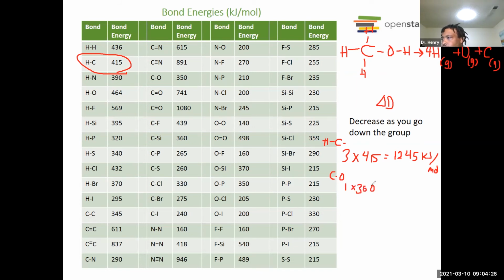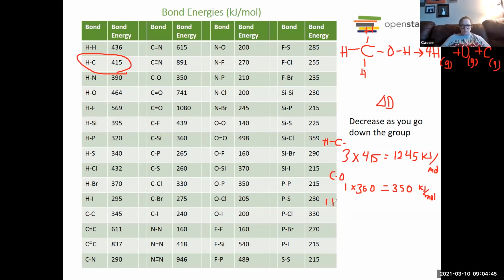And then you said between oxygen and hydrogen is 464. Okay, so it's 1 times 464.